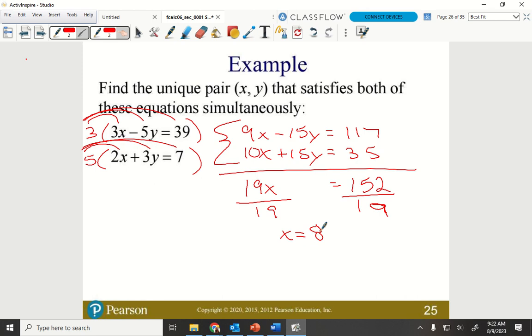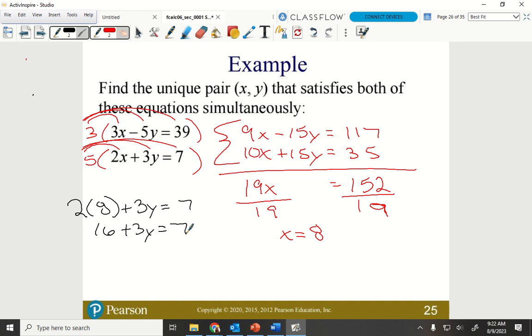Anyway. All right, so I'm going to put the x into one of these equations. Does it matter which one? No, it doesn't. So just go with the easier. I like the bottom one because I don't want to mess with that 39. So 2 times 8 plus 3y equals 7. 16 plus 3y equals 7.